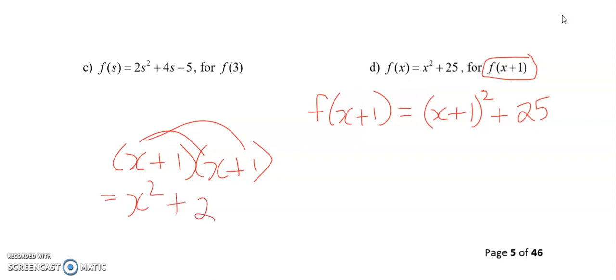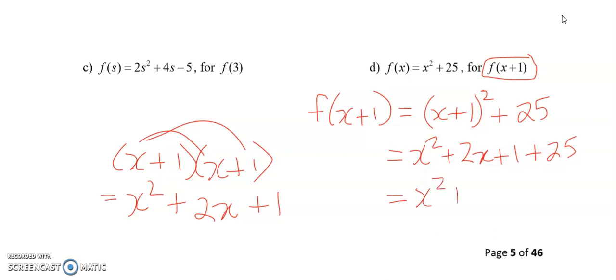Well, that's plus 2x. And then plus 1 times plus 1 is plus 1 again. So this would become x squared plus 2x plus 1 plus 25. And now you add your like terms together, which in this case would just be the numbers. So you're going to end up with x squared plus 2x plus 26.